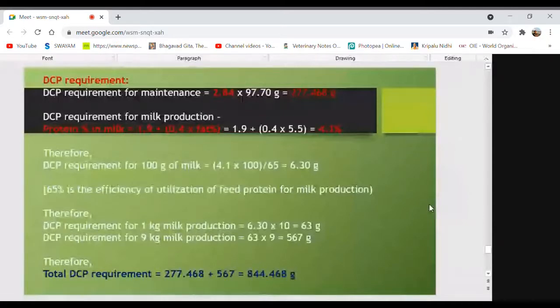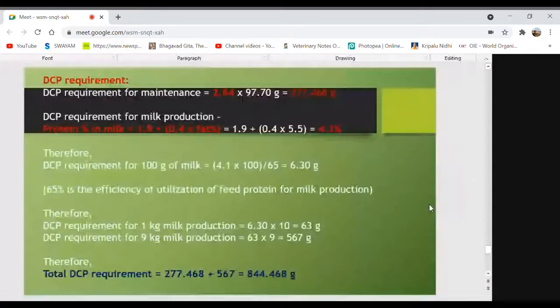In that particular TMR, what should be the concentration of energy and protein? We have to calculate that on the basis of this calculation.